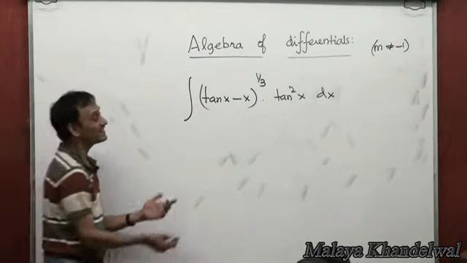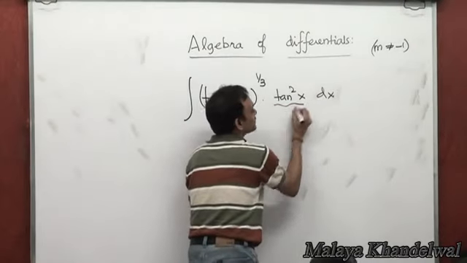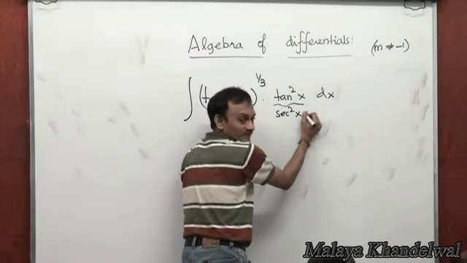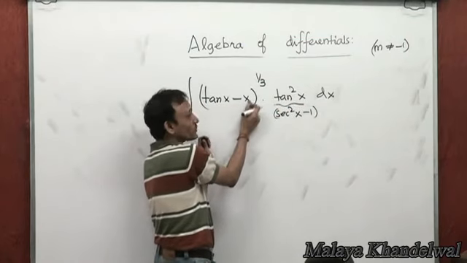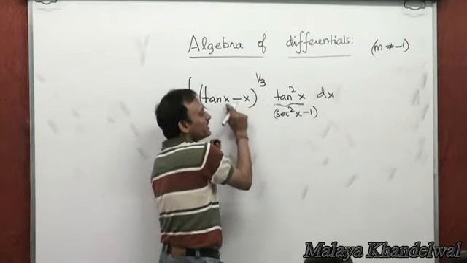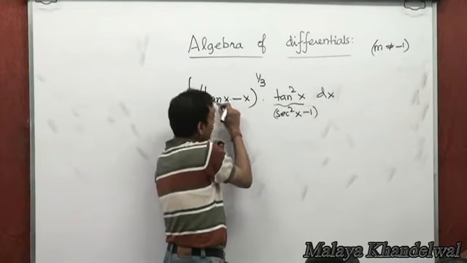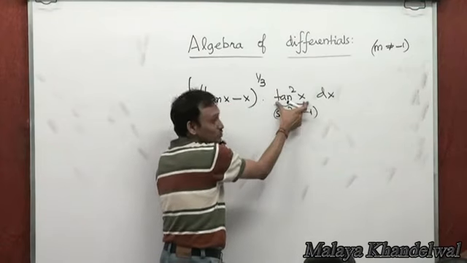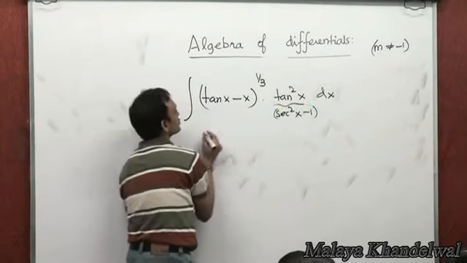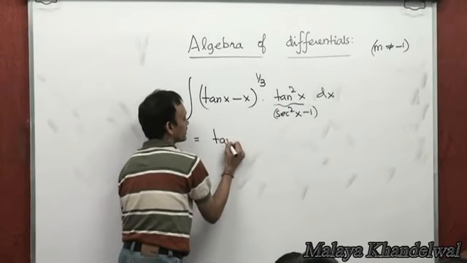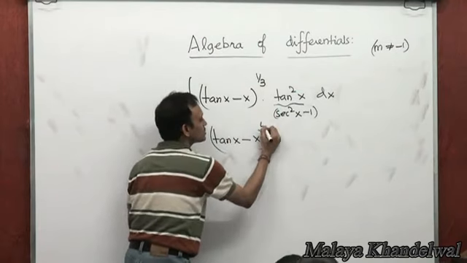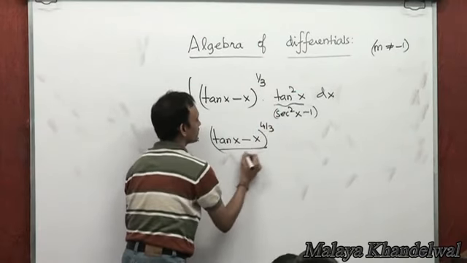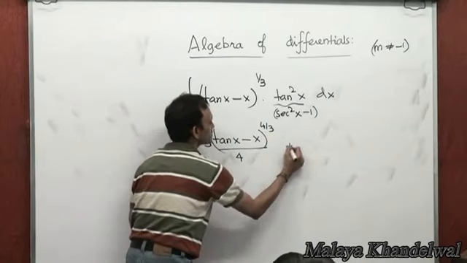Which is tan squared x, right? This actually is sec squared x minus 1, right? So this really is the derivative of this because this is sec squared x minus 1. So we really have it served on the platter right away: function raised to a certain power into the derivative of the function. So that's going to be (tan x minus x) to power 1/3 plus 1, that is 4/3, divided by 4/3 plus c.